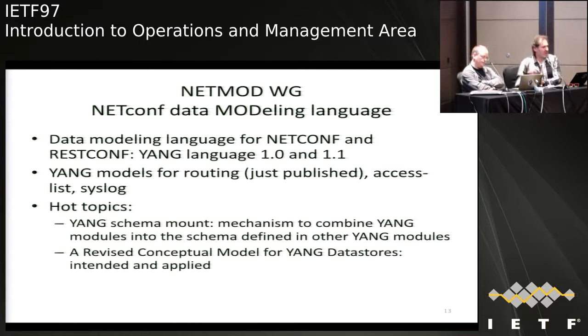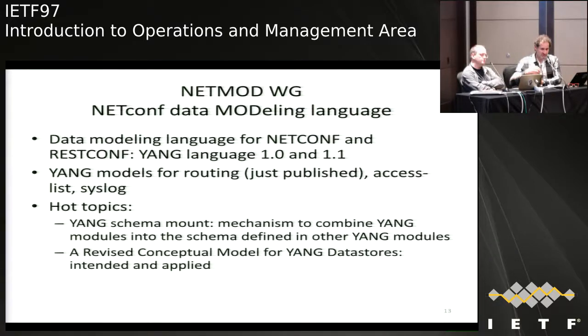Now we've got a couple of common Yang models like access list or syslog, or actually the routing one, which has a long history and has just been published as an RFC. And since at that time no working group other than ops wanted to do Yang models, that's where we started with the routing Yang model.